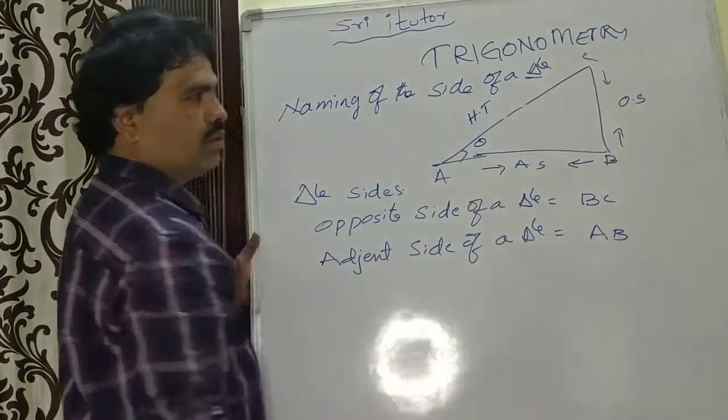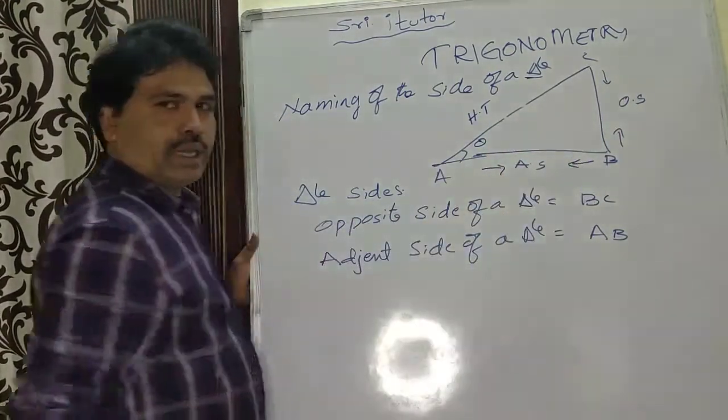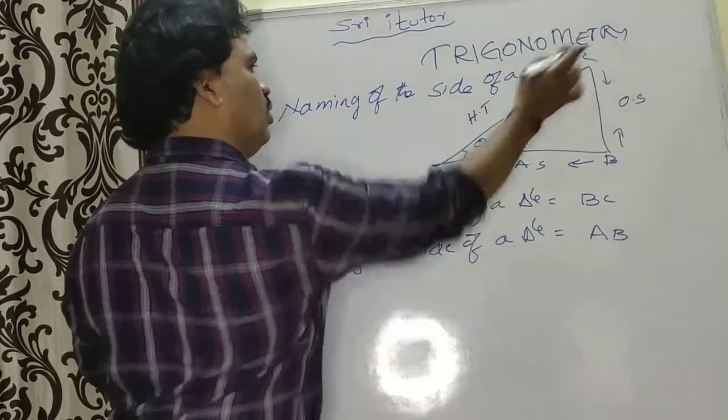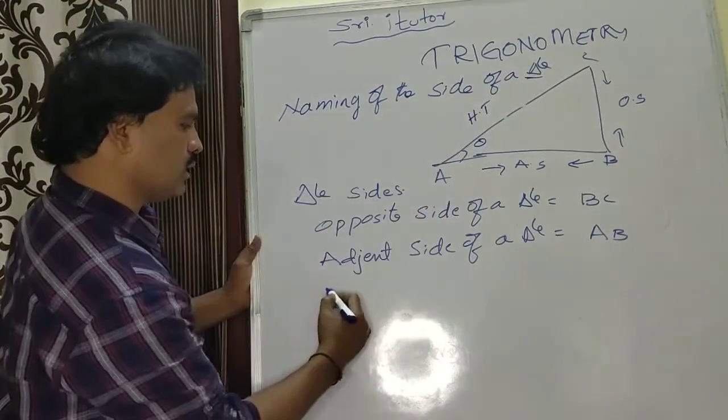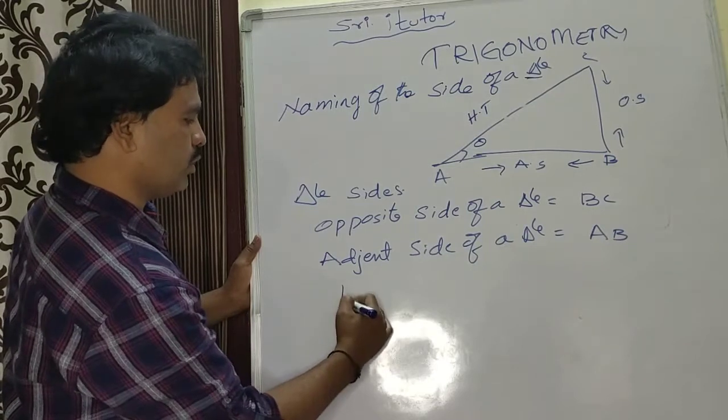The opposite side is BC, the adjacent side is AB, and the remaining one is called the hypotenuse. This is the longest side, which we call the hypotenuse.